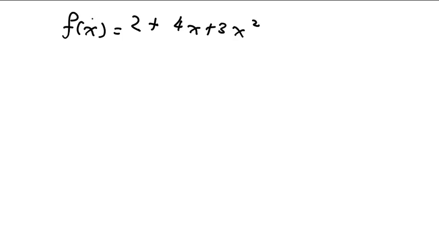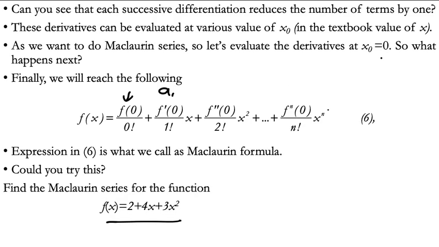So we want to get the Maclaurin series expansion. If you go back to the Maclaurin formula, it is given by expression 6, isn't it? So you need to find f prime evaluated at 0, f double prime evaluated at 0 as well, so on and so forth.